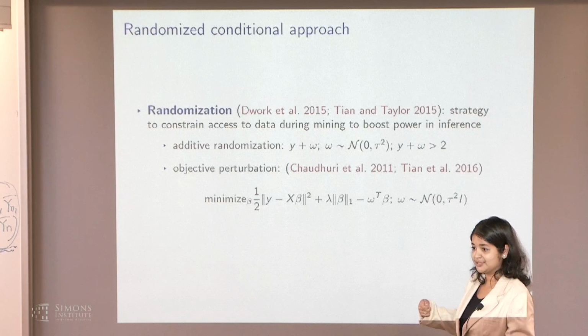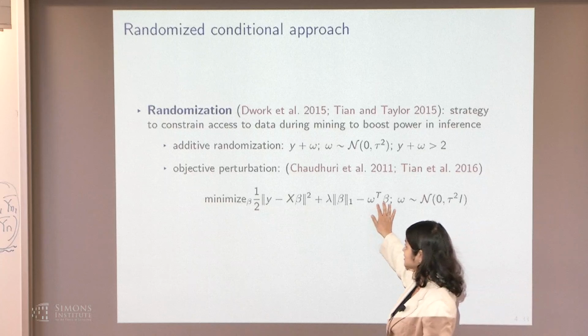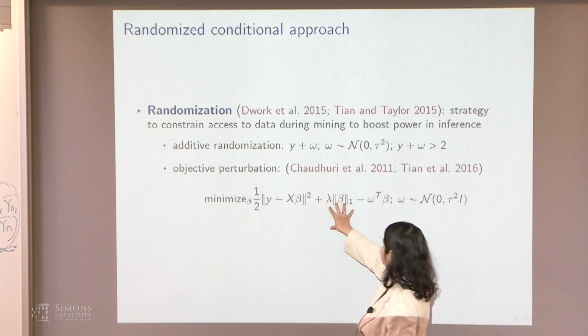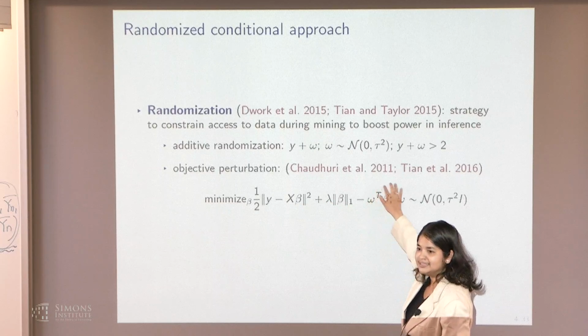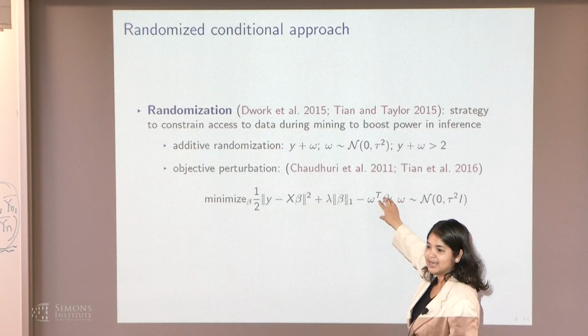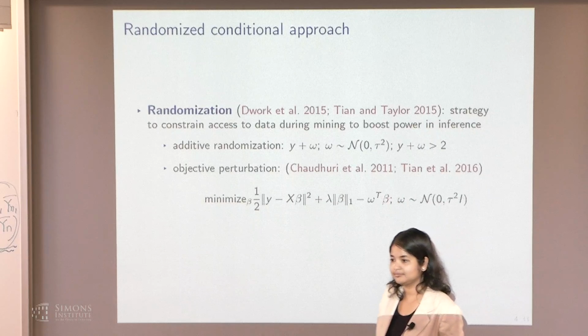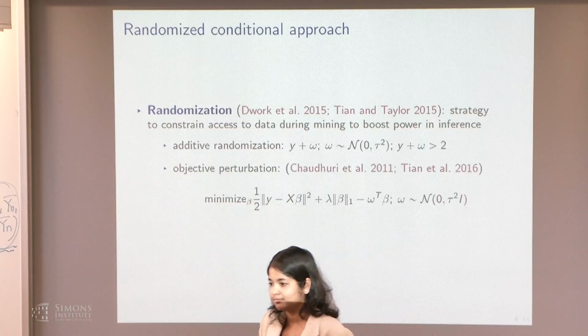optimization objective. Even if it's not a LASSO, if it's some loss and some penalty, I can just add a linear term in my parameter with Gaussian noise. Getting back to my last question, for differential privacy you would pick the variance of the Gaussian noise to be independent of the data distribution, whereas tau square is not dependent on the data distribution.